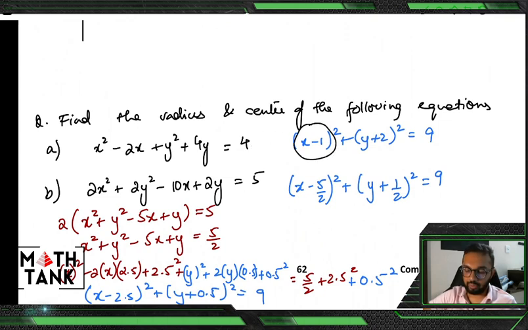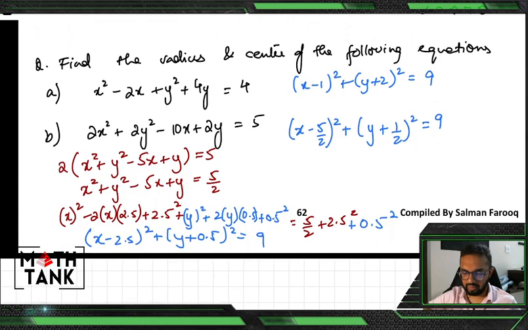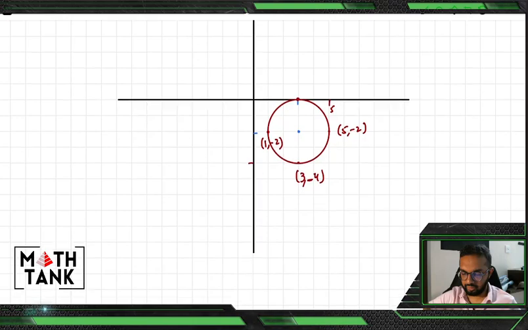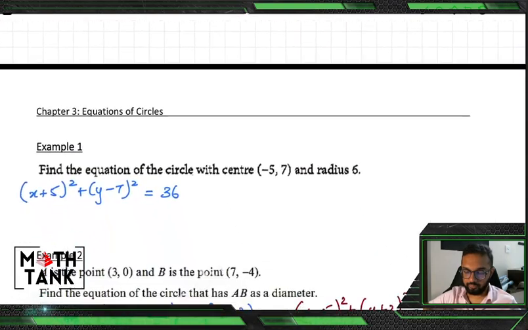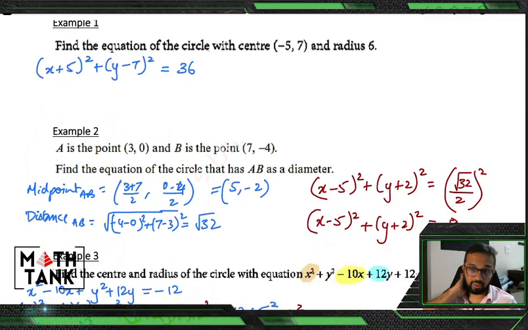Because when I was enclosing these brackets, I had terms (x − p)² and (y − q)². This lecture seems to be missing a particular page. Okay, so that's something that you need to know when you are doing equations of circles. There is a proper video recorded on that. You can go back and look at it.